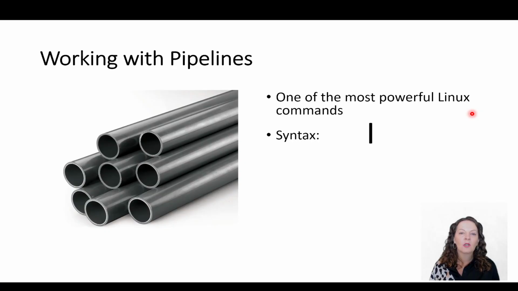When you're working with pipes, it feeds the output from the program on the left of the pipe, the straight vertical line, on mine it's beside Z on my left hand side, as the input to the command on the right hand side.